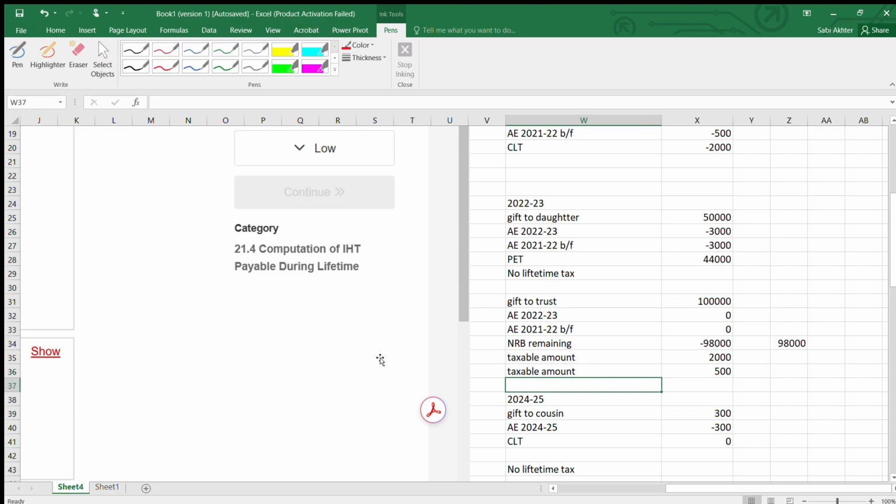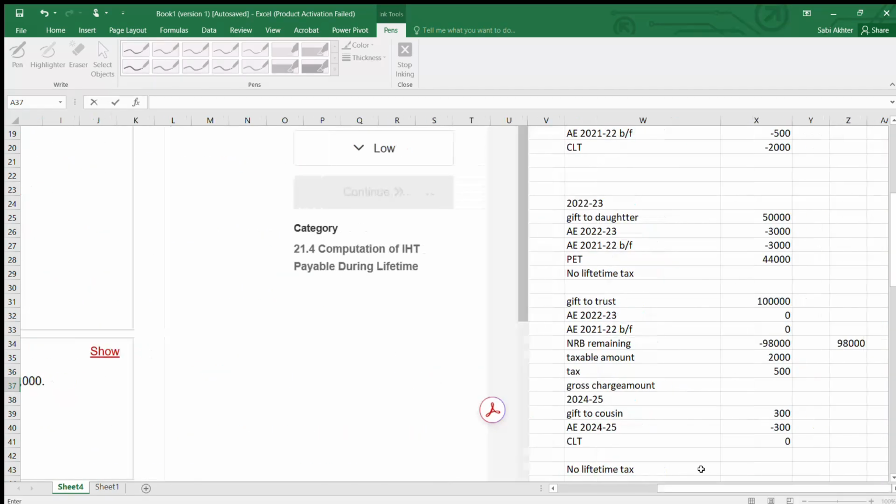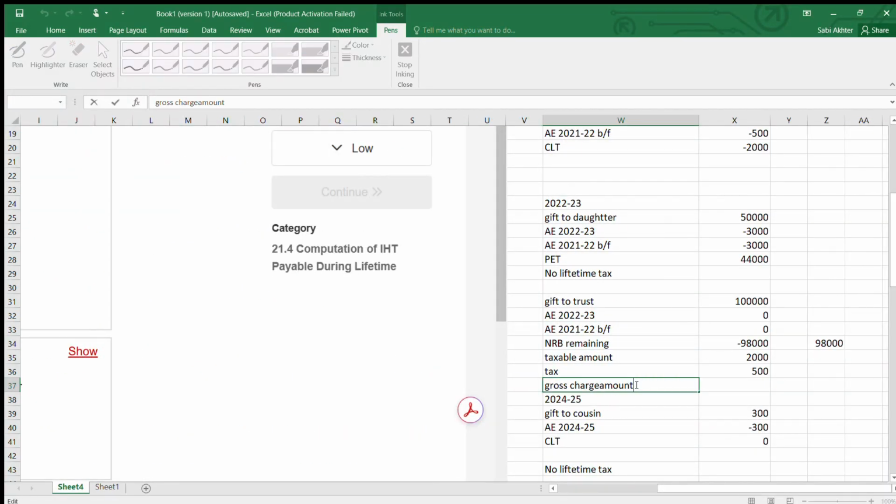This is the tax. And now the amount to be carried forward, gross chargeable amount carried forward, would be your 100,000 gift to the trust plus the tax of 500.